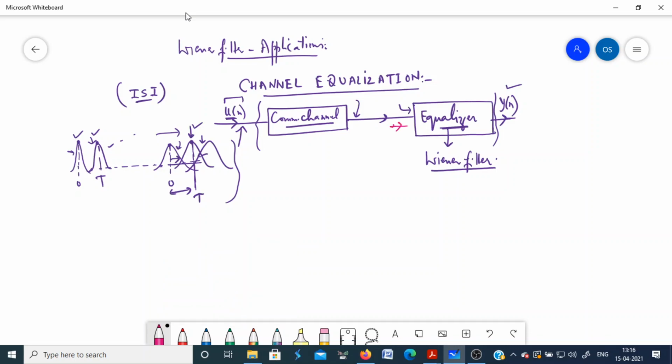And for this Wiener filter, now I need a reference signal also. So I have to give some reference signal, which is the desired response dn, and then I will compute some error en, which is the difference between dn and yn, and you minimize this error, or the mean square error.